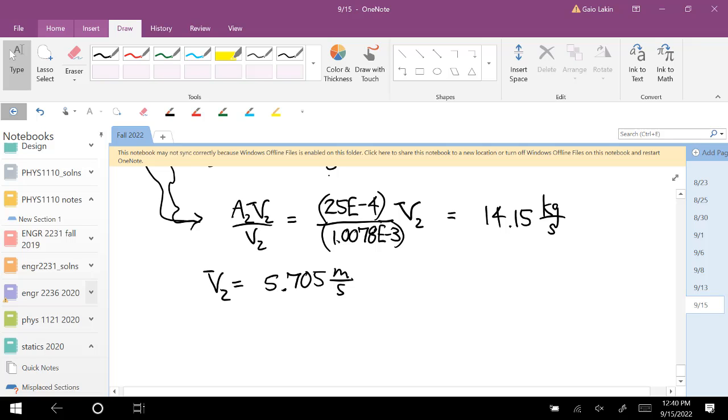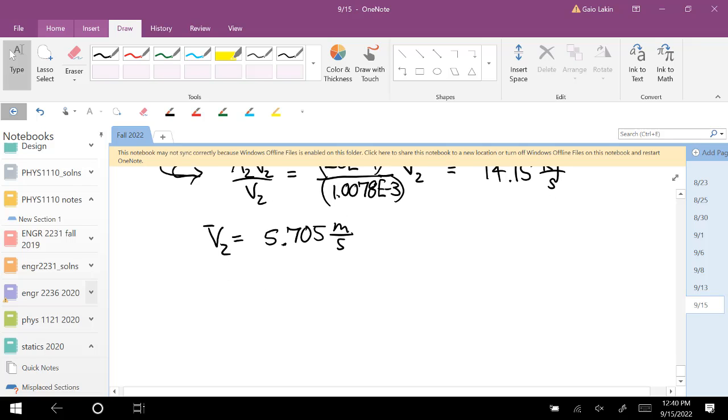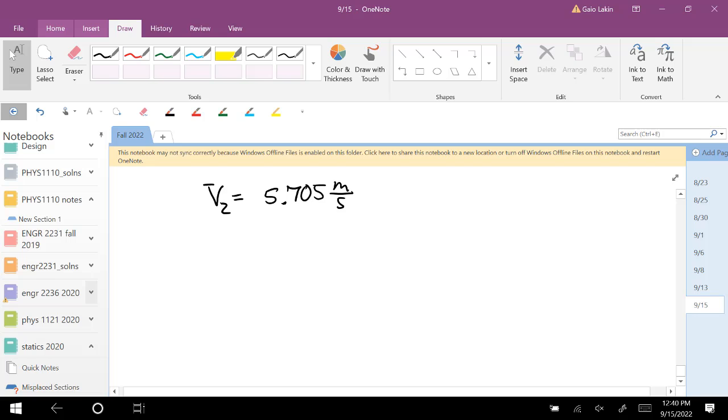So let's talk about the first law of thermodynamics. This is the bigger one. So the first law for control volumes.